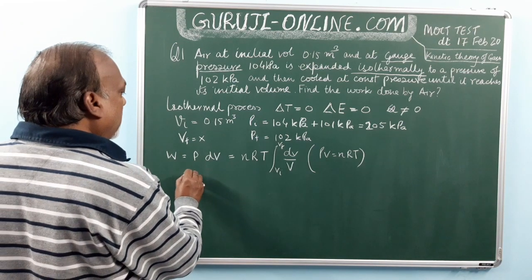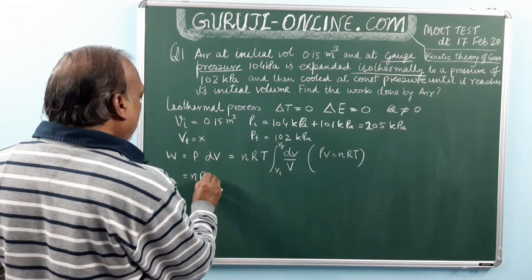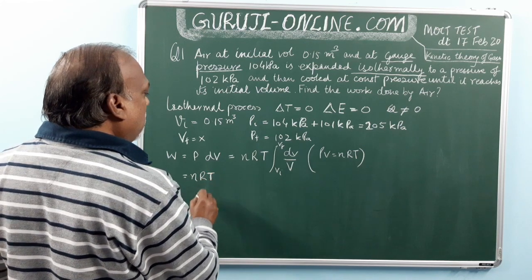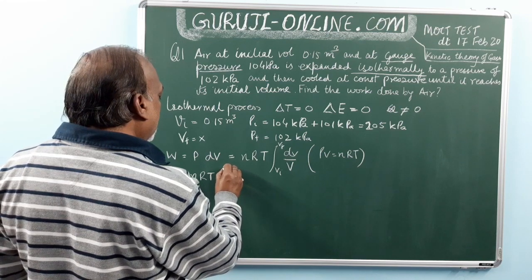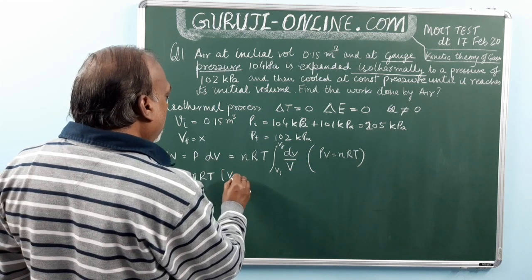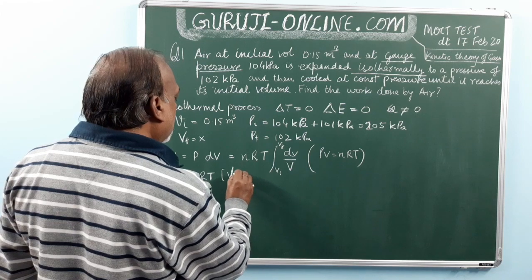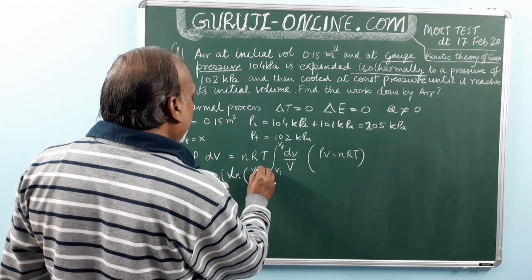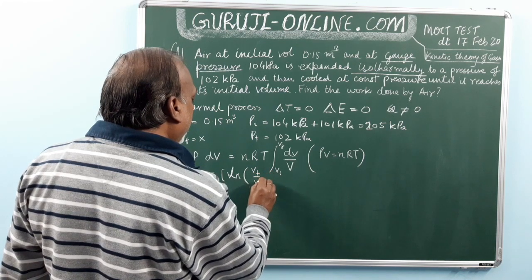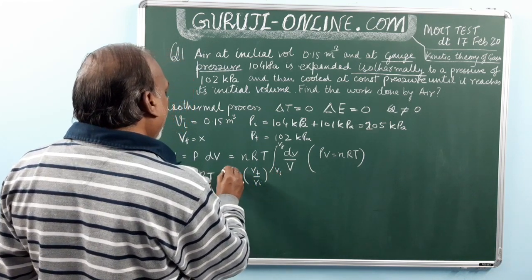So this will be nothing but nRT log VF divided by VI.